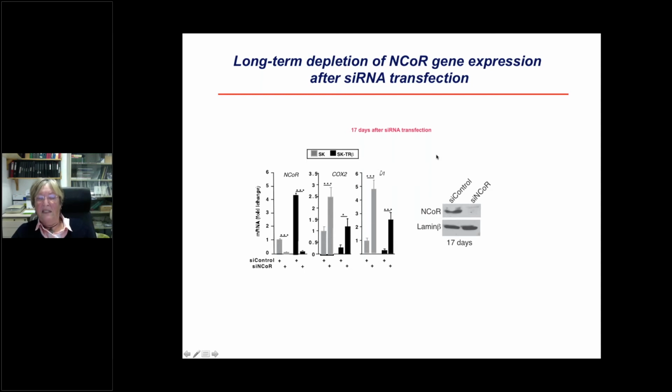And we studied this in the cultured cells. You can see here that the experiments were conducted 70 days after siRNA transfection, when several doubling times had already occurred, and the siRNA should no longer be present. And even with longer time, we had similar results.